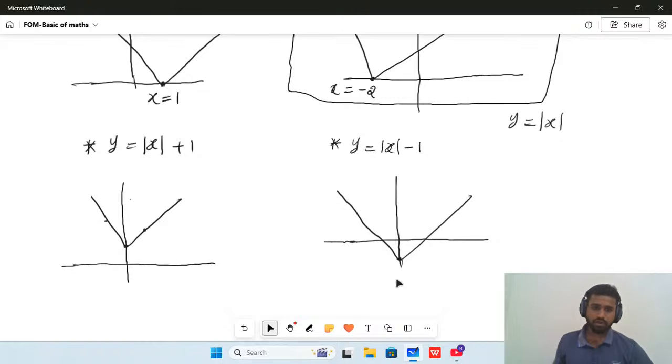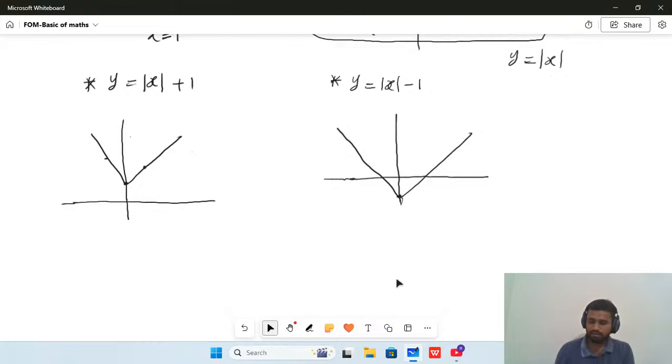So after this, we have the properties of a modulus function. Basically, the modulus function can be split over multiplication. Suppose modulus of AB is there, or modulus of xy also you can consider.